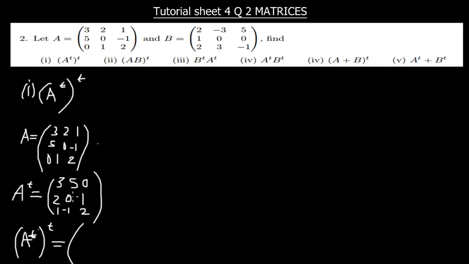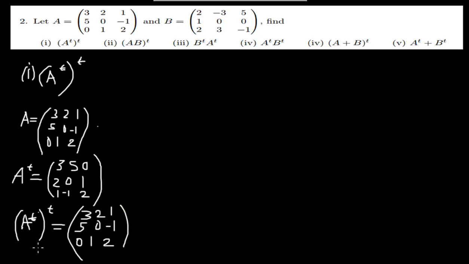So we'll change these rows into columns. We write 3, 2, 1, then 5, 0, -1, then 0, 1, 2. So this is our answer for the first part of the question.